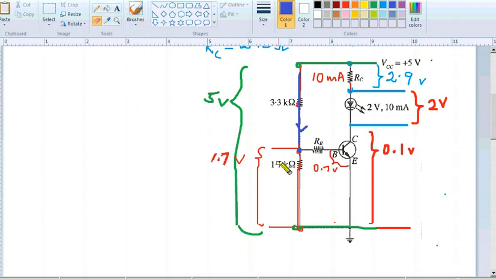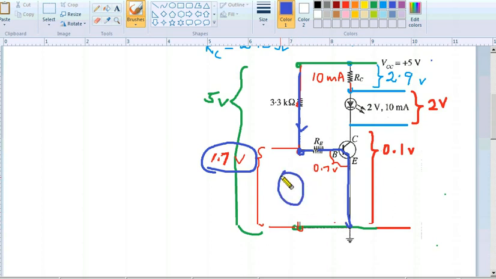I can remove this resistor because then it will be easy. Otherwise you will get confused. We don't want that, because since those branches are parallel, now we can give this 1.7 volt to this branch as well, because the voltage is equal across both the branches.